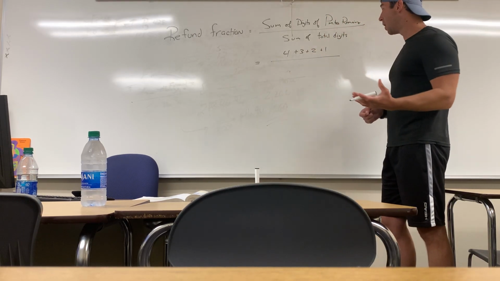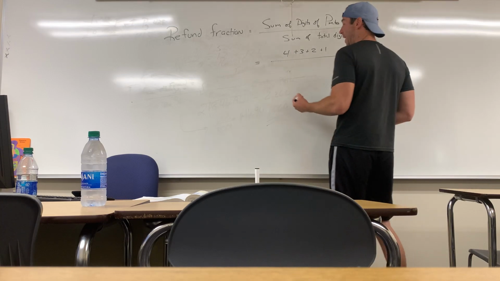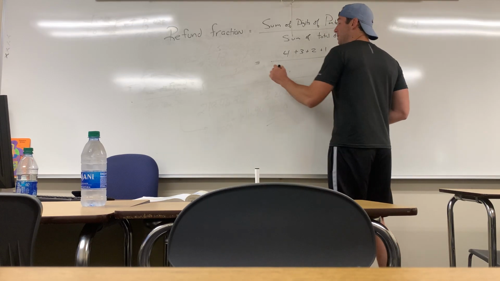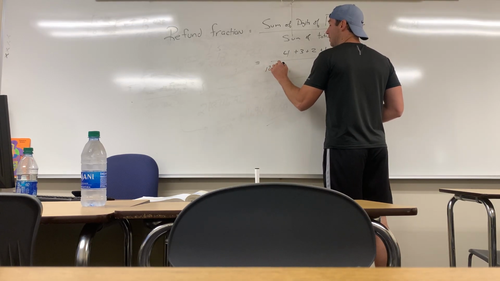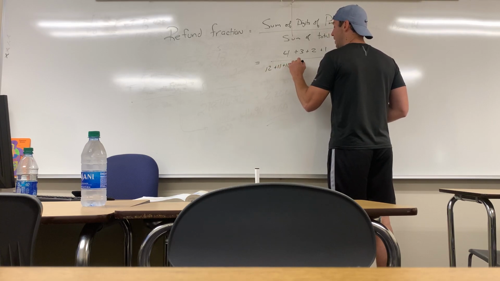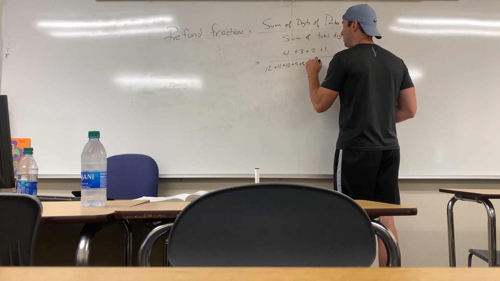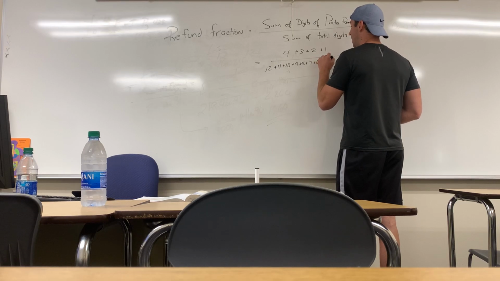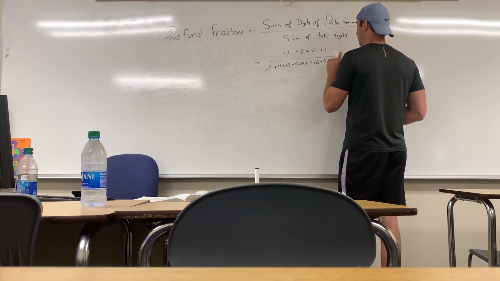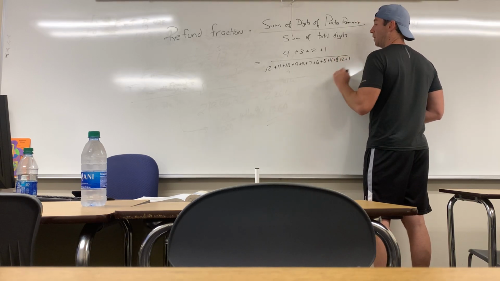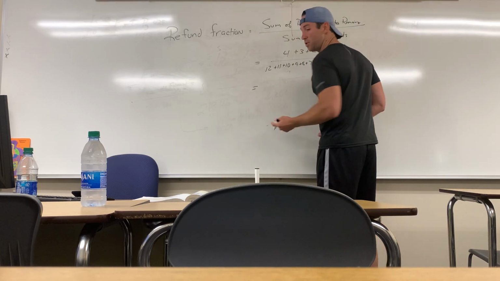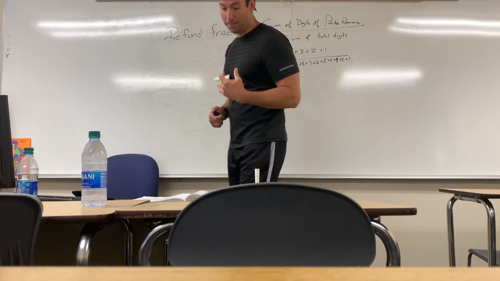The sum of the total digits, since there were 12 months in the loan, is 12 plus 11 plus 10 plus 9 plus 8 plus 7 plus 6 plus 5 plus 4 plus 3 plus 2 plus 1.